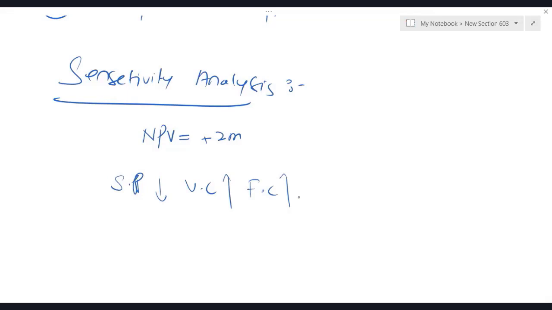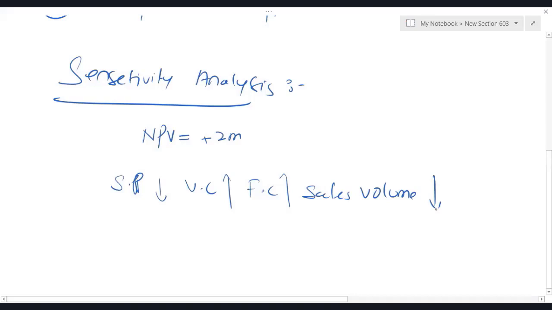Increase in fixed cost is an adverse change too. Another thing, reduction in the sales volume. How much reduction in the sales volume will make NPV zero? Reduction in the sales volume is also an adverse change. So basically, sensitivity analysis gives us the information on how much adverse change in the variable will make NPV zero.